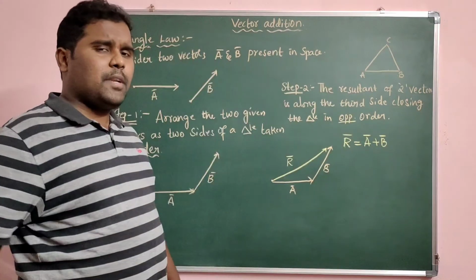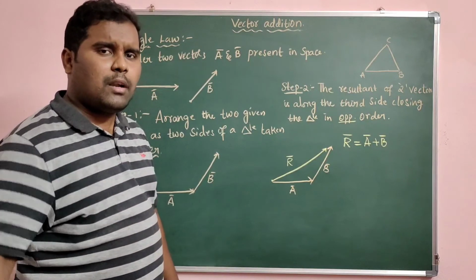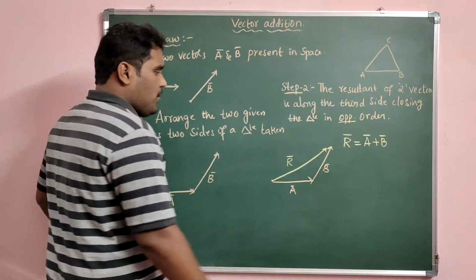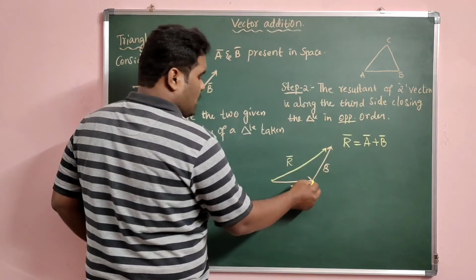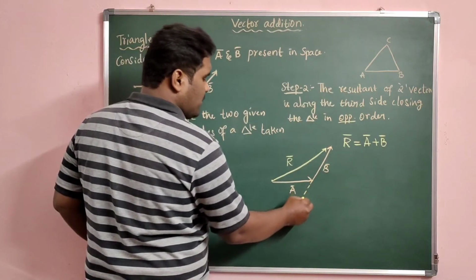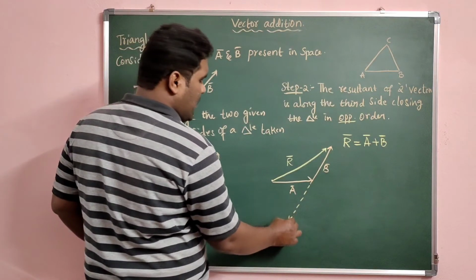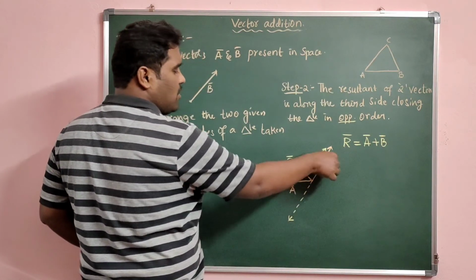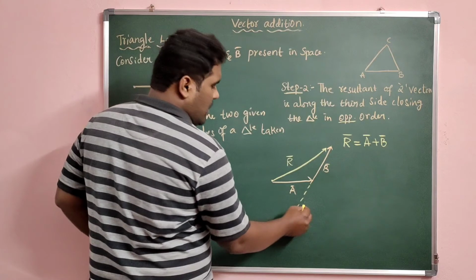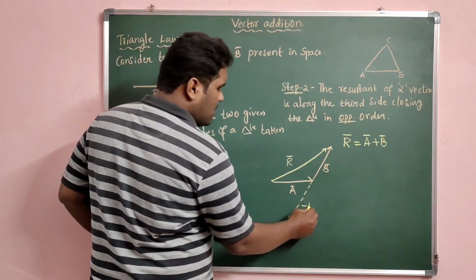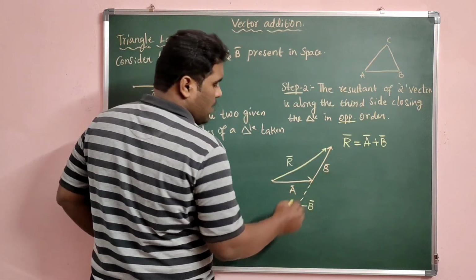Now you can ask me, sir, please explain A bar minus B bar also. You already know, for a given vector, if its direction is changed, it will be the negative of the given vector. So now this is your minus B bar.